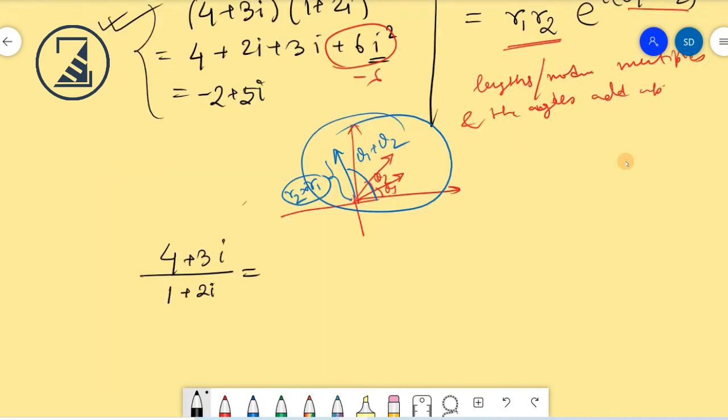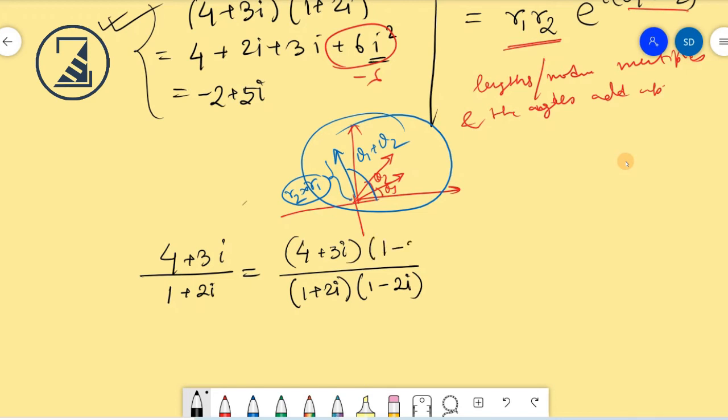Complex number division is done by a process analogous to rationalization. Here what we do is we try to make the denominator real. So what do I have to multiply to the denominator to make it real? I have to multiply it with 1 minus 2i.